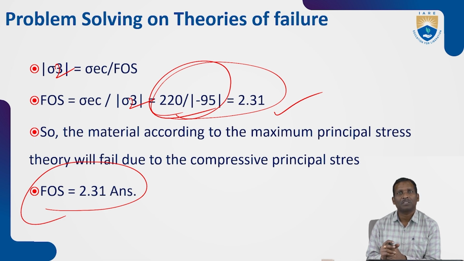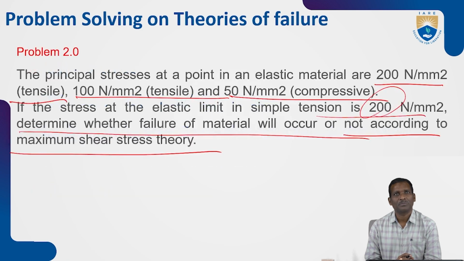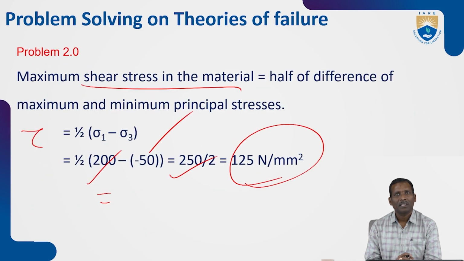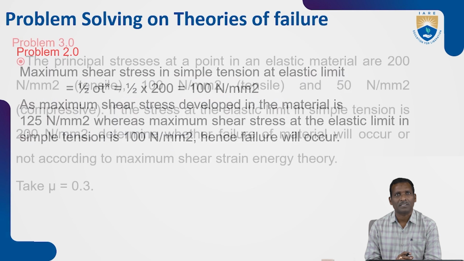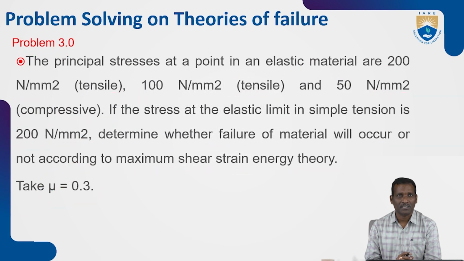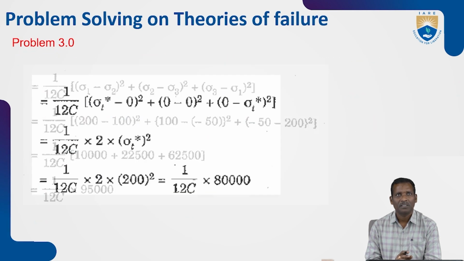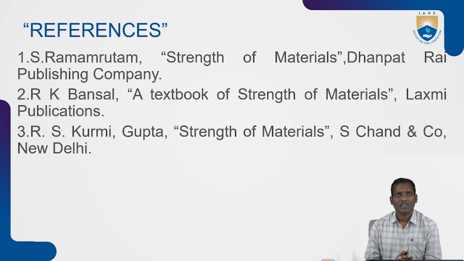Whenever the elastic limit stress in simple tension is less than the principal stress value, failure will occur. To avoid this, always maintain the greater value. Similarly, in the shear strain energy theory, we have already seen. Clear? So like this, we need to calculate. We have to use the theories of failure for safe design.